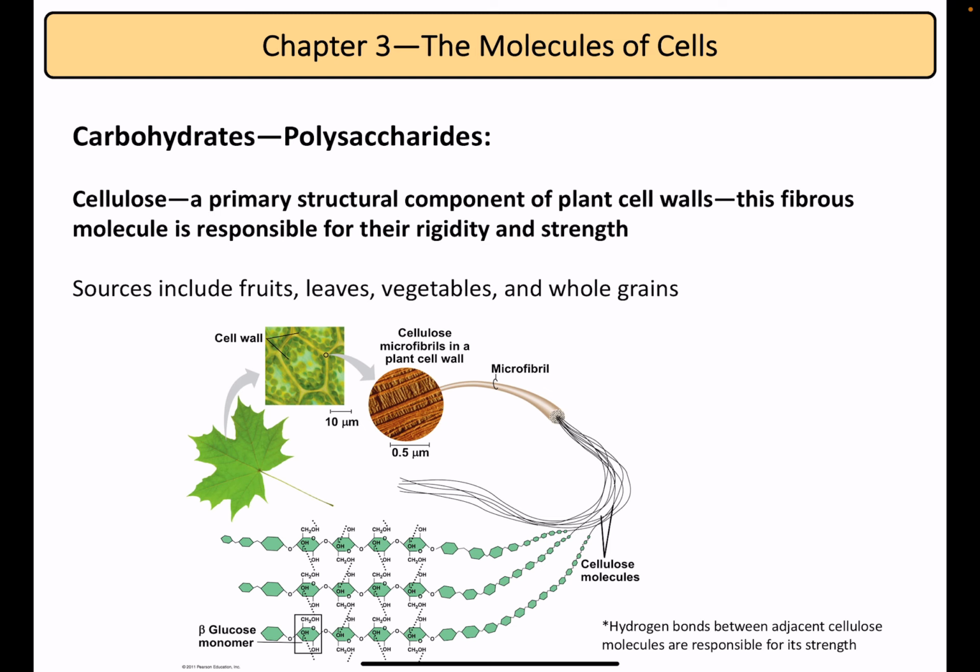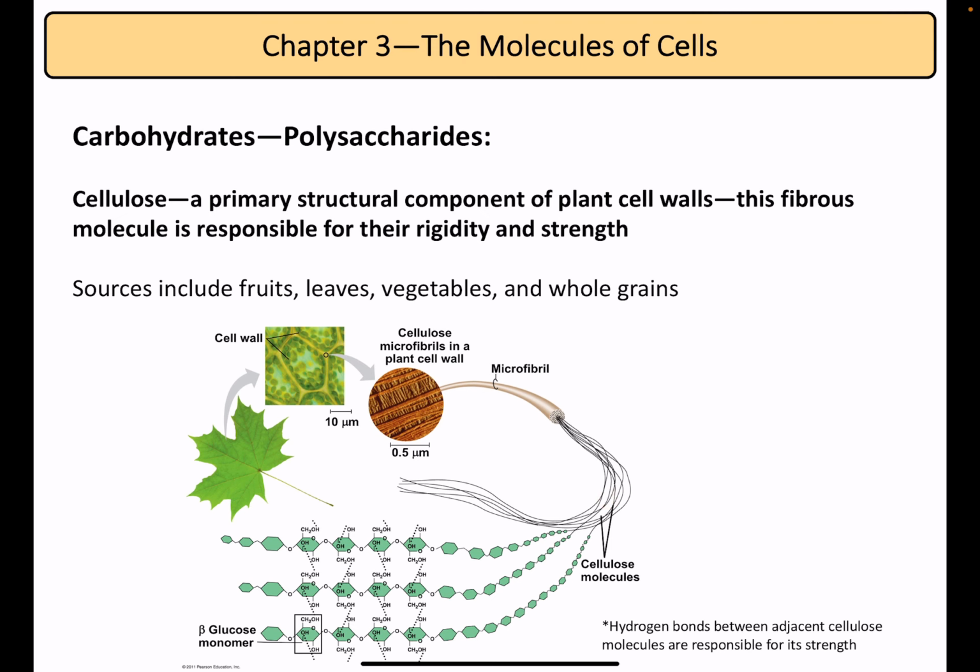And as you can see here, when you have multiple chains of cellulose on top of one another, the molecules orient themselves in a particular way where you get these chains forming hydrogen bonds perpendicular to the chains themselves. So they're cross-linked and fortified with these hydrogen bonds. The main thing is it results in a really strong, fibrous, tough molecule.